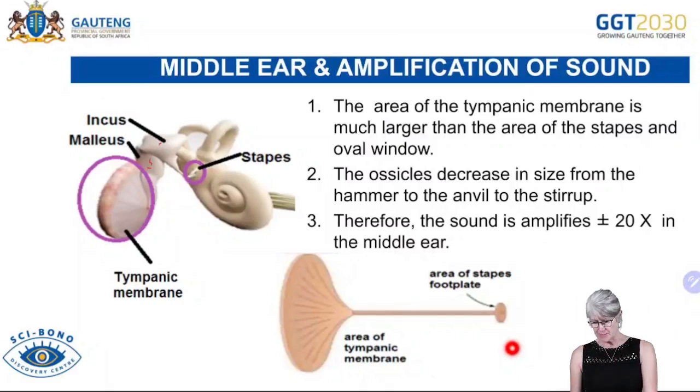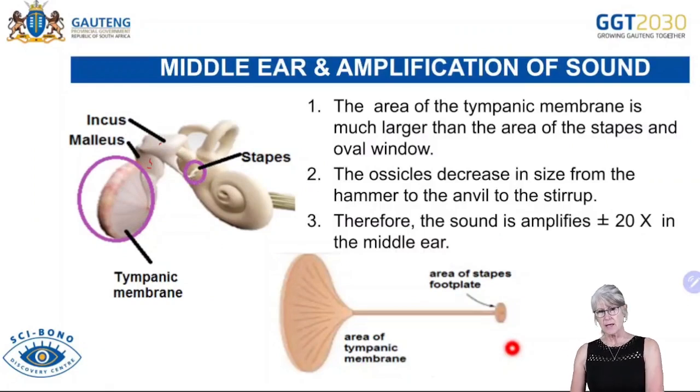And remember, the stirrup is then attached to the oval window. So in the middle ear, the sound waves are converted into vibrations, and the vibrations are carried through those little bones from the tympanic membrane to the oval window.